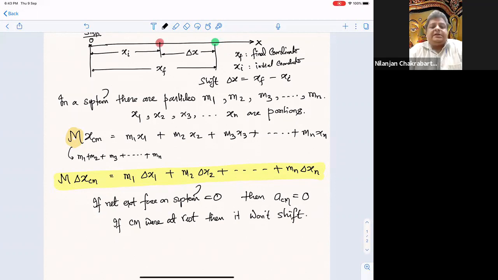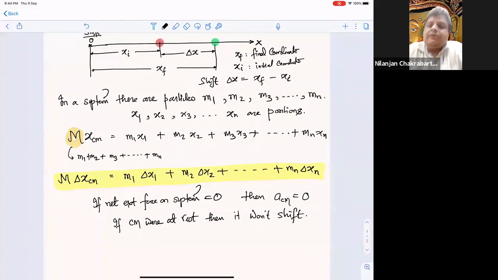If the acceleration of the center of mass is zero, say a point was at rest with zero acceleration, will it move? Why will it move? Zero acceleration, change in velocity is zero, velocity was zero, now velocity is zero, whatever time it may be. So if velocity remains zero, the point won't shift.